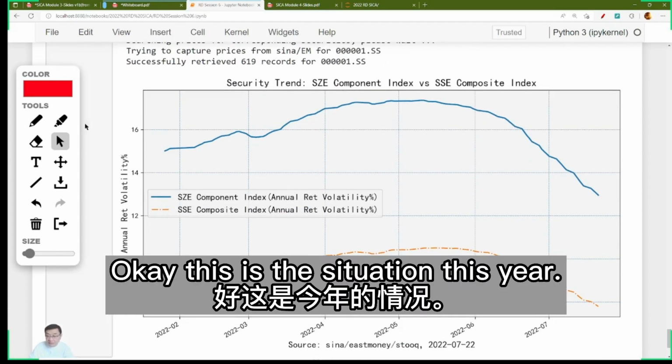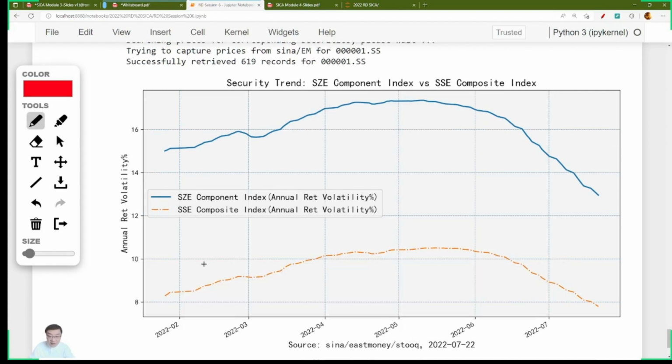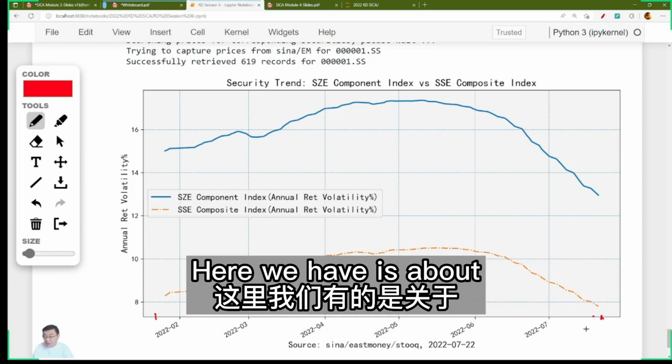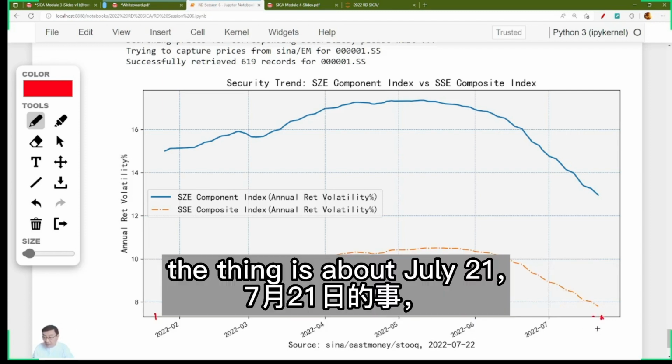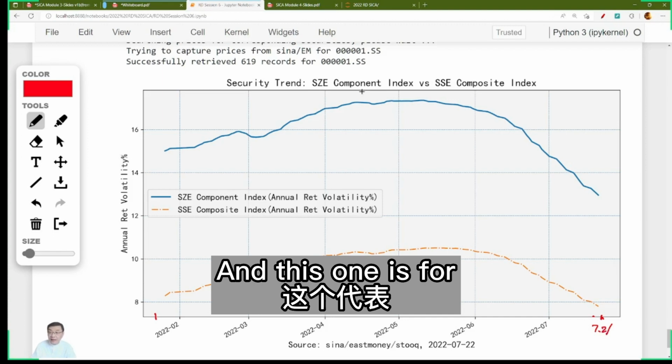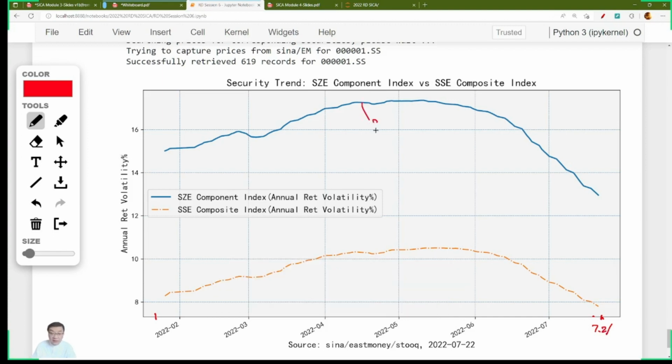Okay, this is the situation this year. We have the beginning of 2022 and here we have about, I think, July 21st, at least. And this one is for Shenzhen.